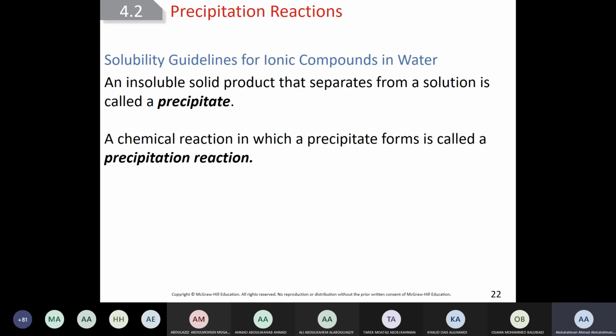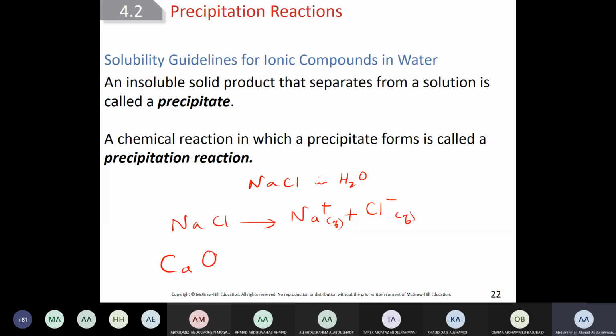Now, when you put NaCl in water, you will find that right away NaCl will go to Na plus and Cl minus in water, aqueous. But if you put calcium carbonate, CaCO3, this is an ionic compound, right?